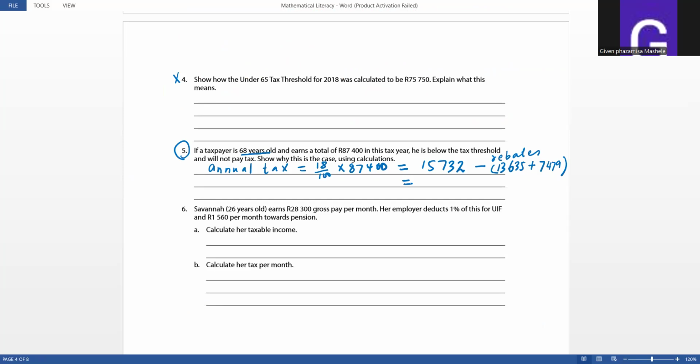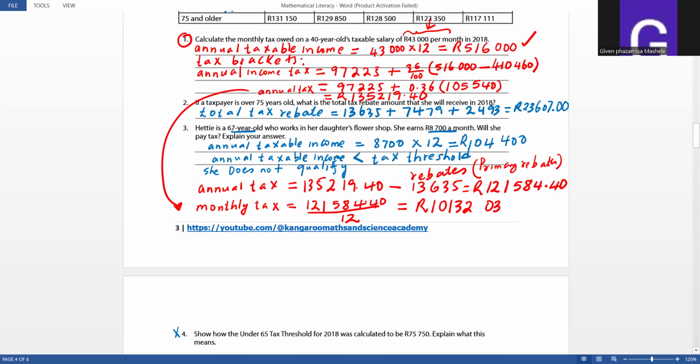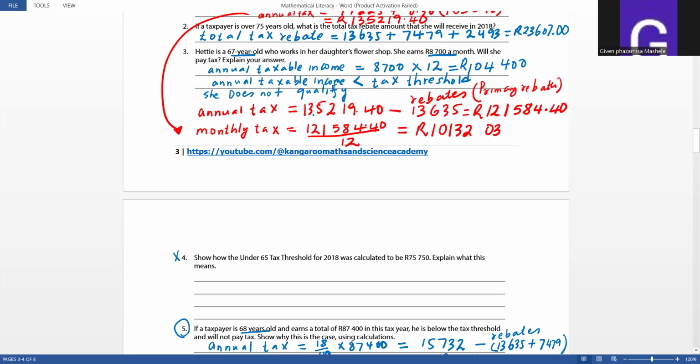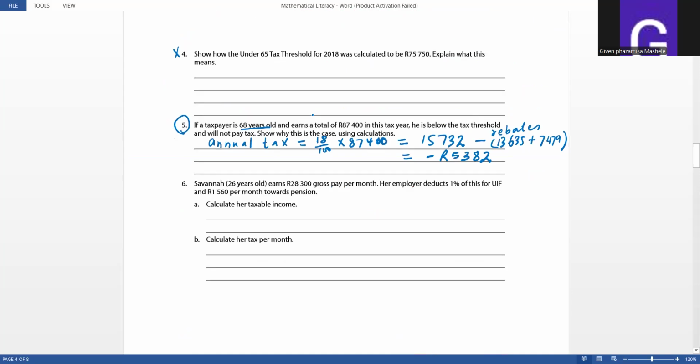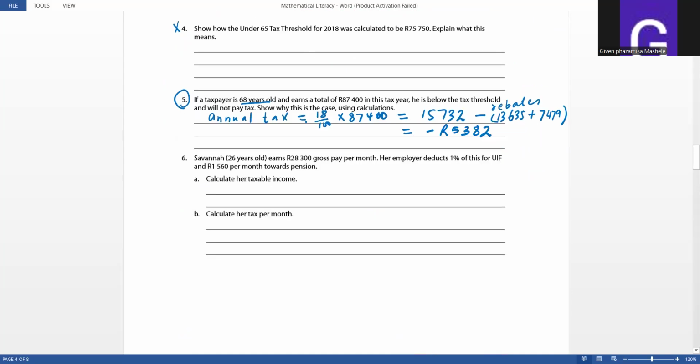You see that the amount is negative, which shows that this person does not qualify to pay any tax. The person does not qualify to pay any tax. I believe you're following, ladies and gentlemen.